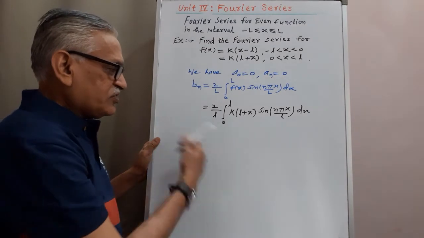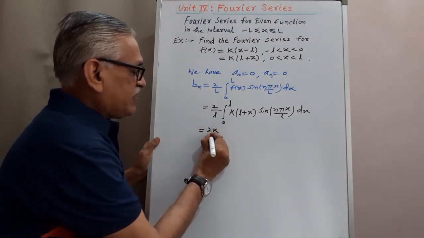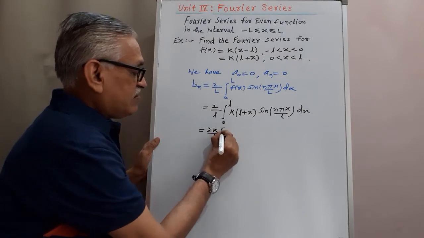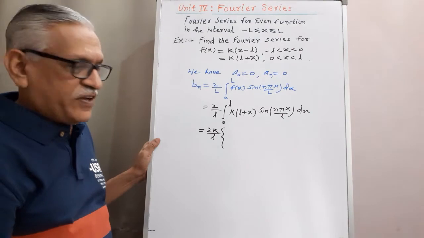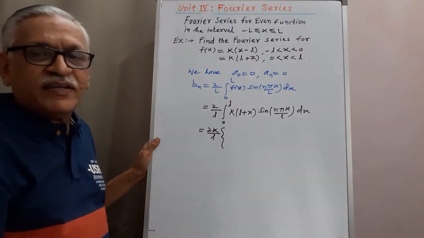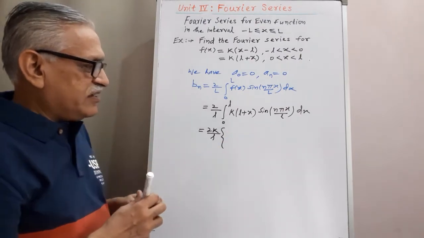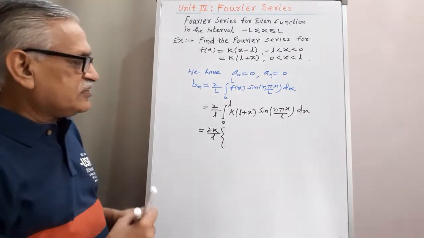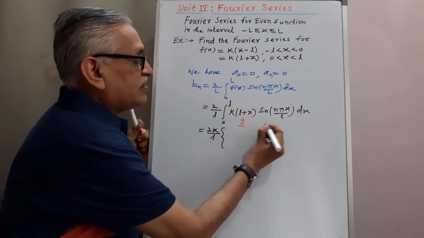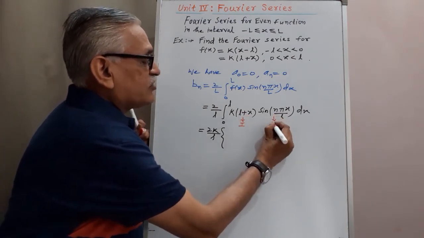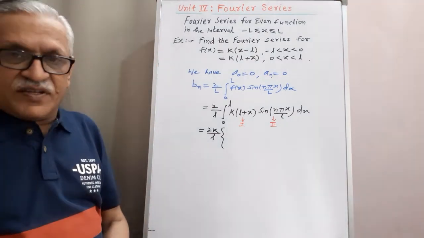Here k is a constant term, we take it outside, and therefore it is 2k/L. As it is a product of two terms of x, we integrate it by generalized parts. That L + x must be the first function, as it is algebraic, and the sine, being a trigonometric function, must be the second function.